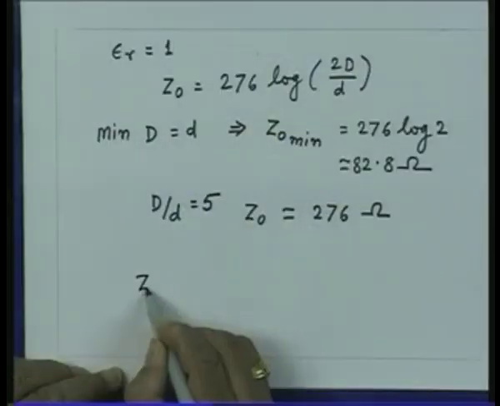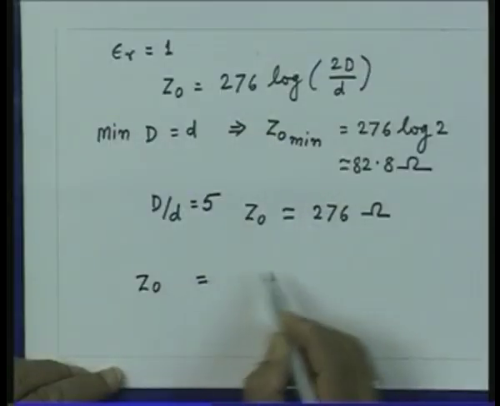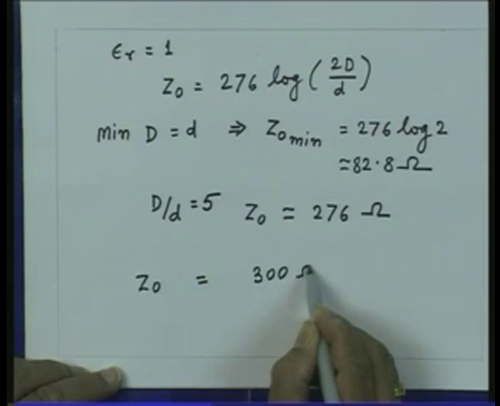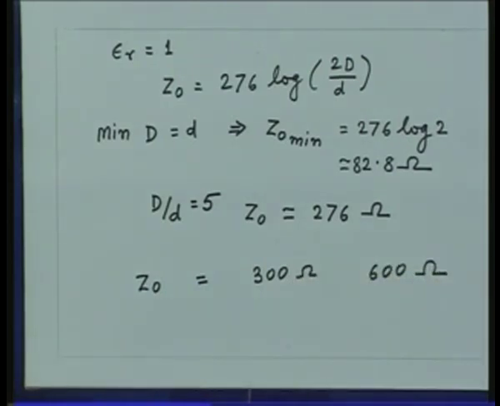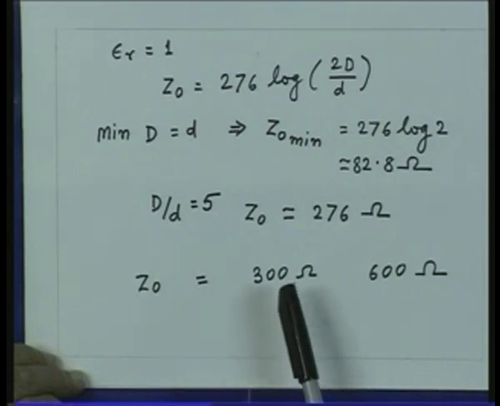So, typically for a parallel wire transmission line, the characteristic impedance would be like 300 ohms or 600 ohms. The lines which are standardized for parallel wire lines have characteristic impedance either 300 ohms or 600 ohms.